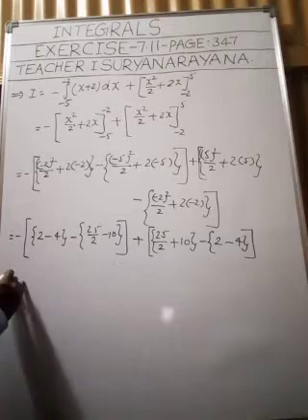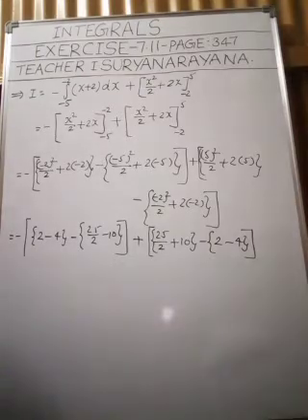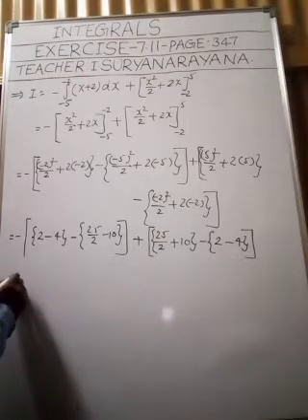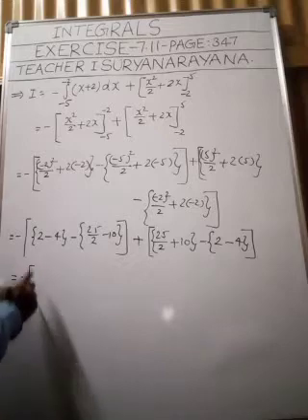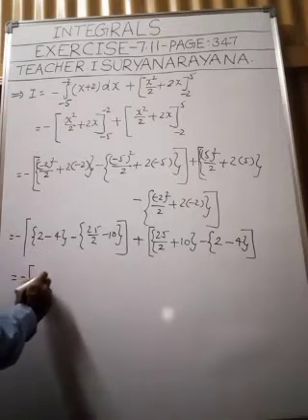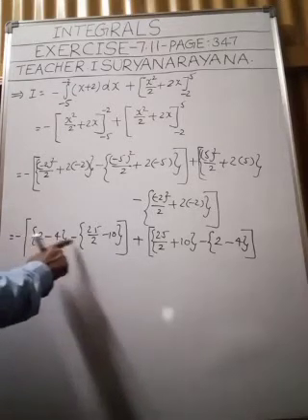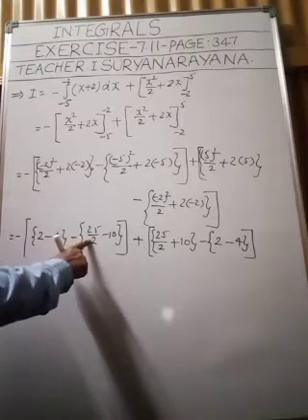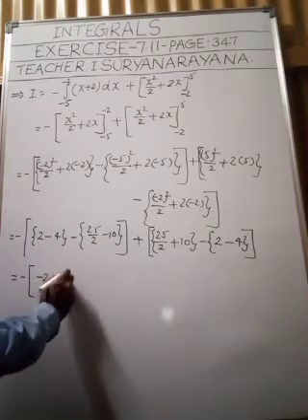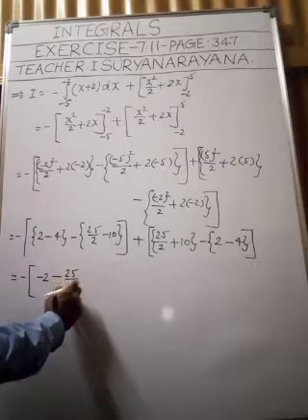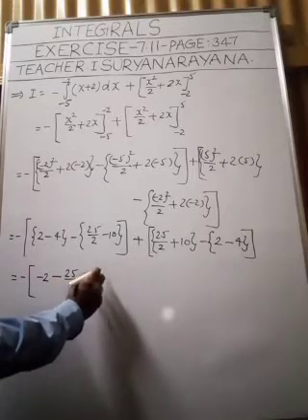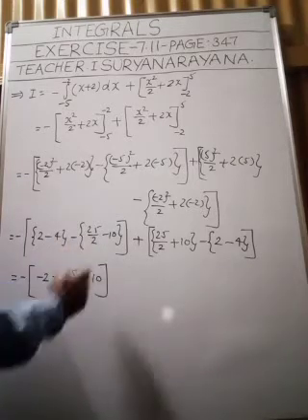Right. That is equal to minus of, what will get here? Minus 2 minus 2. Here what will get? Minus 25 by 2 plus 10. Okay, my children.